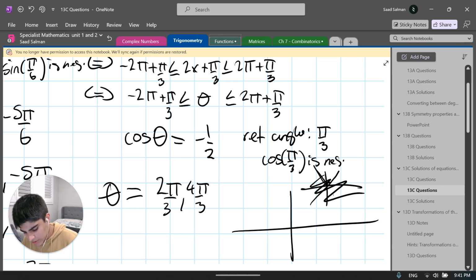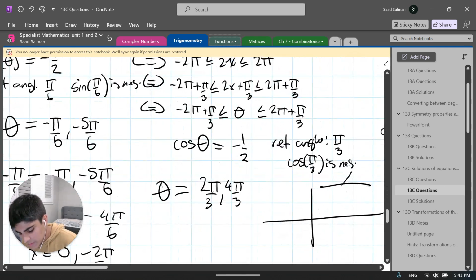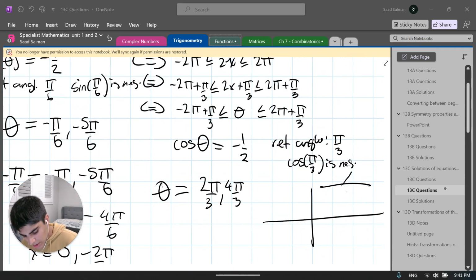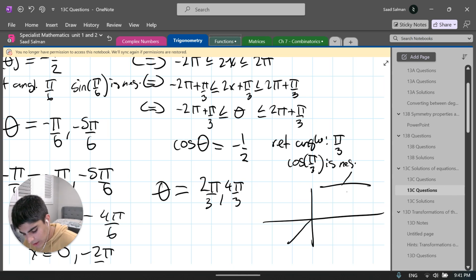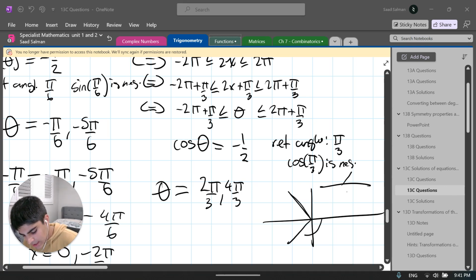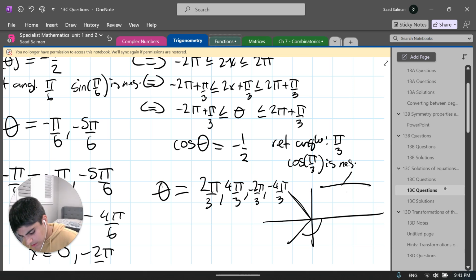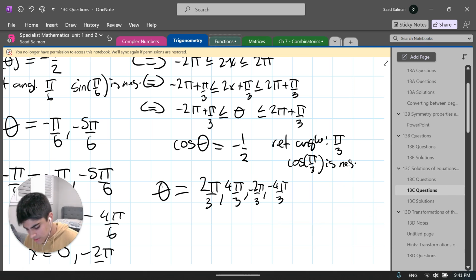Okay, let me redraw this. Now let's go in the opposite direction. Negative 2 pi, plus pi on 3, which ends here. So our two angles are here: negative 2 pi on 3, negative 4 pi on 3, and those are our solutions.